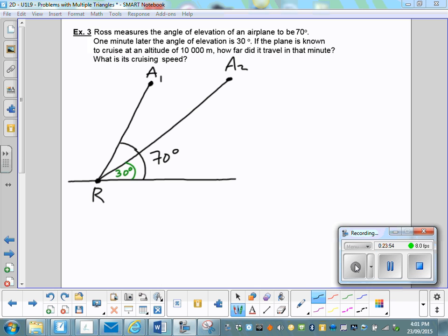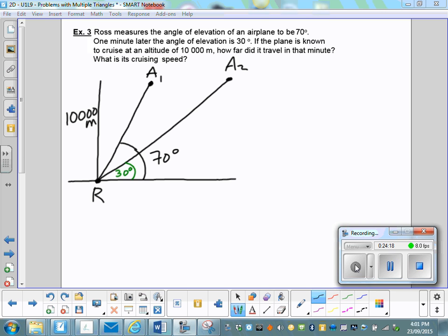So the height that the plane is cruising at is 10,000 meters. So this value here, the height, is 10,000 meters. And they want to know how far did the plane travel in this minute.